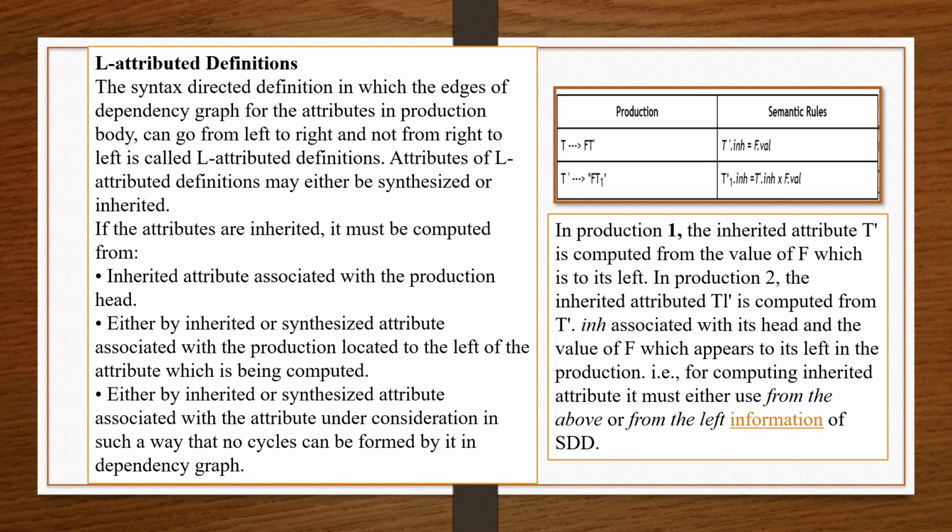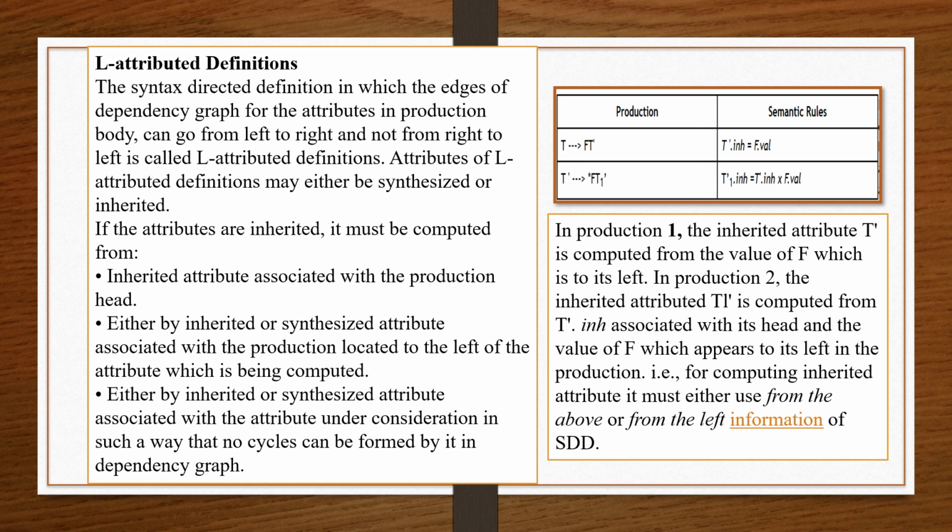If the attributes are inherited, they must be computed from inherited attributes associated with the production head, or by inherited or synthesized attributes associated with symbols located to the left, in such a way that no cycle can be formed in the dependency graph.